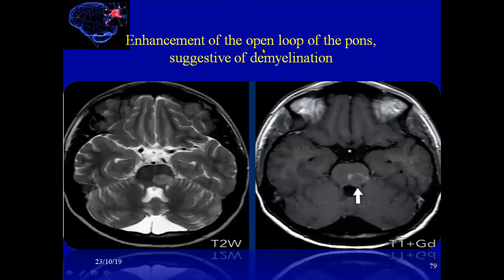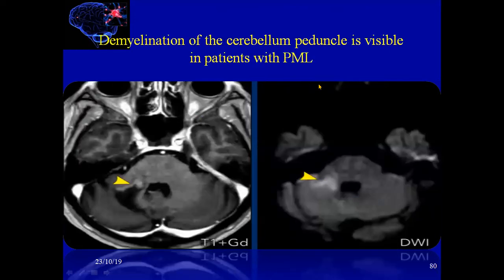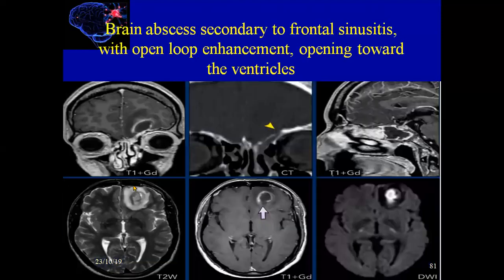Enhancement of the open ring suggests demyelinating disease, as we see in this picture. Demyelination of the cerebellar peduncle is also visible in patients with PML. Here is a brain abscess secondary to frontal sinusitis with open ring enhancement opening towards the ventricular system.